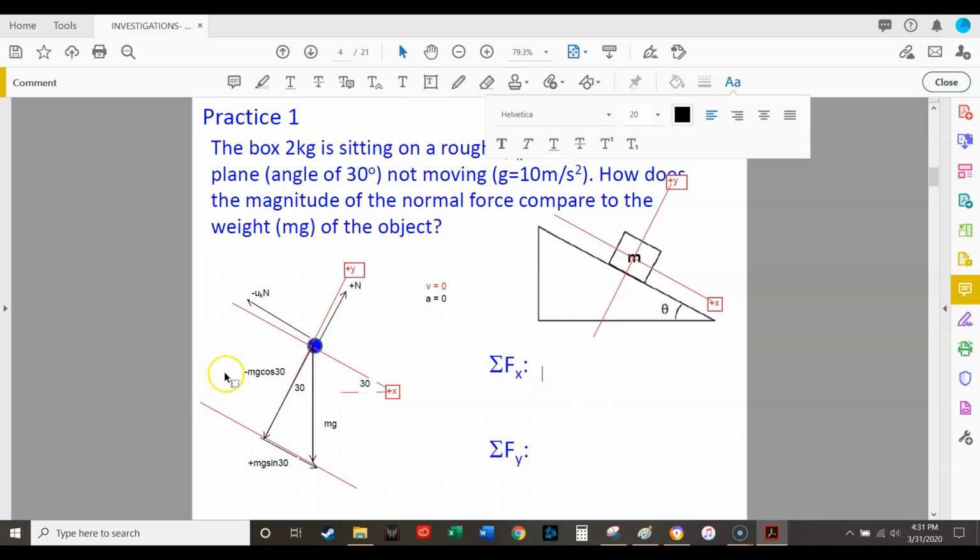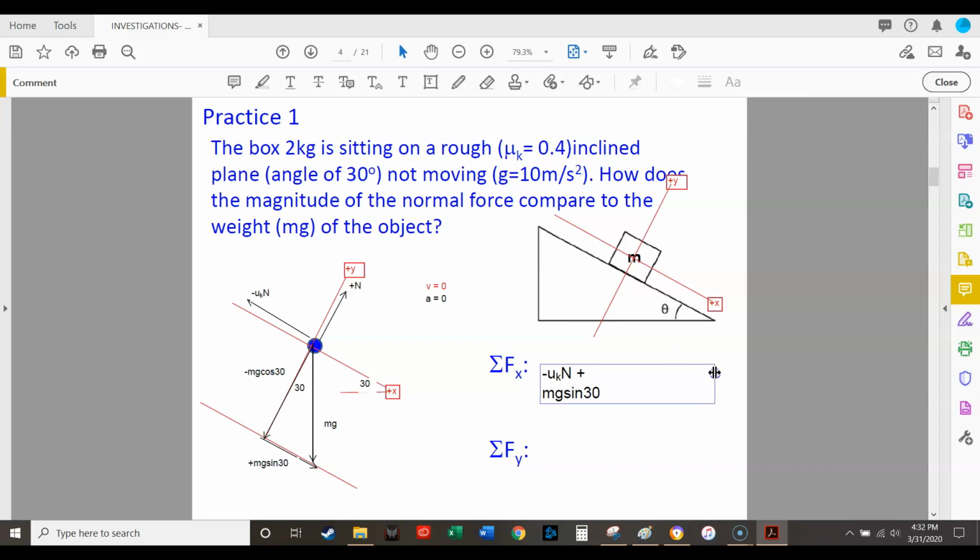I see a negative mu sub k times the normal force pointed in the negative x direction. So that's going to be negative mu sub k times the normal force, and I have a positive mg sine of 30 degrees.